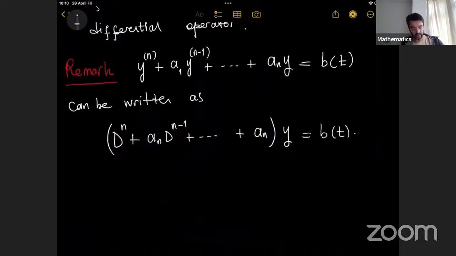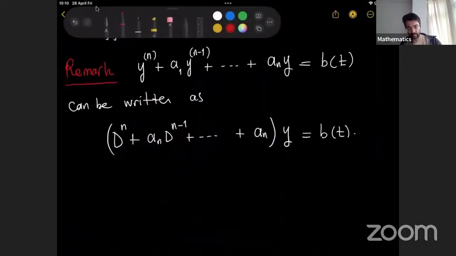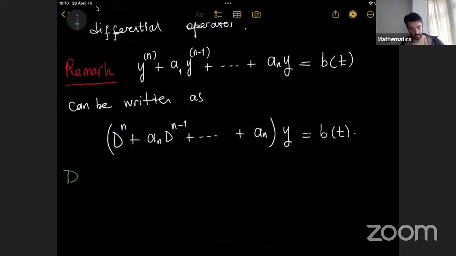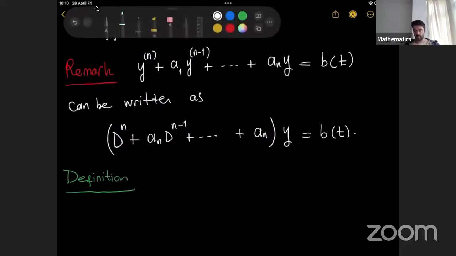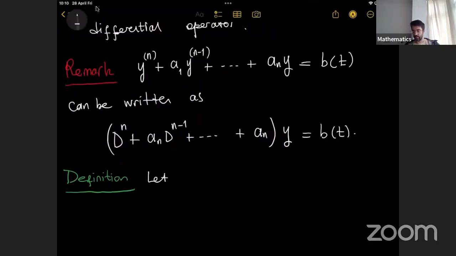Now let's define annihilator, definition. So take a differential operator, so let L(D). Well, this is like a polynomial of D. It's like D to the n, D to the n minus 1.